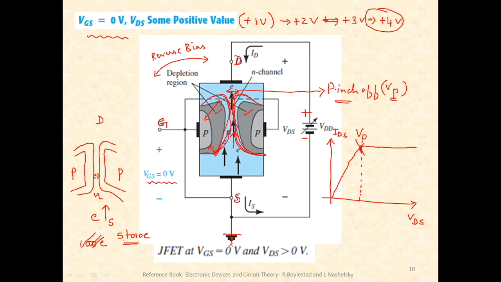Now you may ask me, sir, if the number of electrons has reduced, will the current not reduce? No, the current will not be reducing. Why?